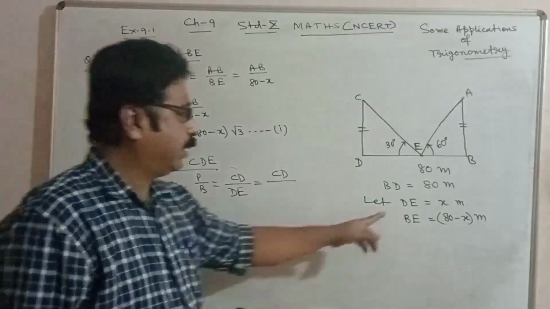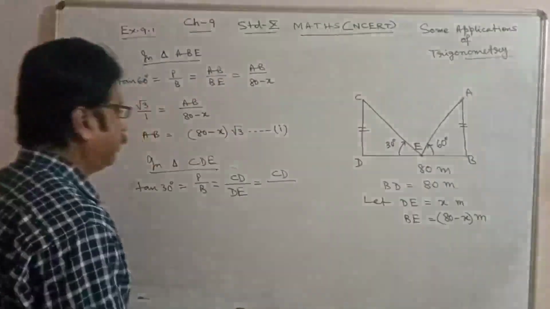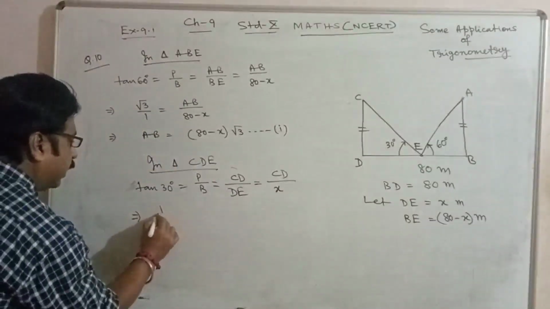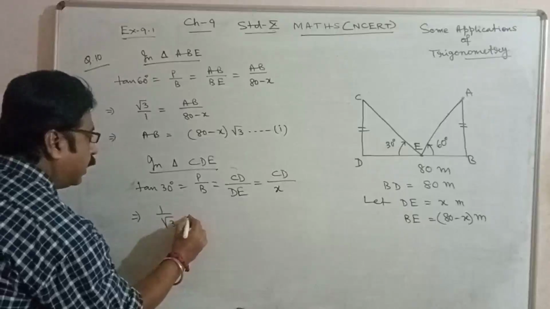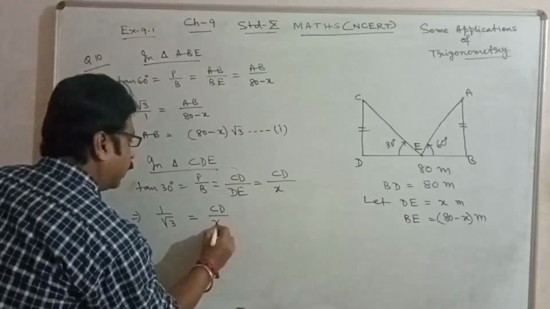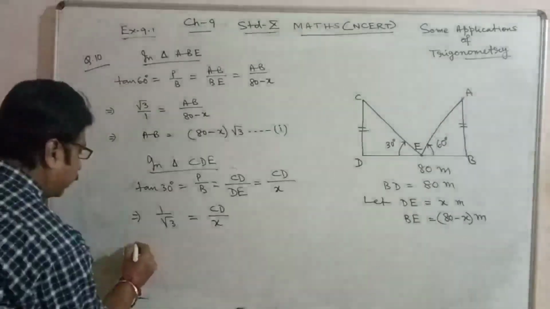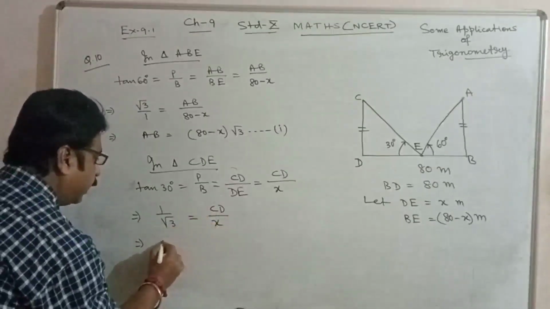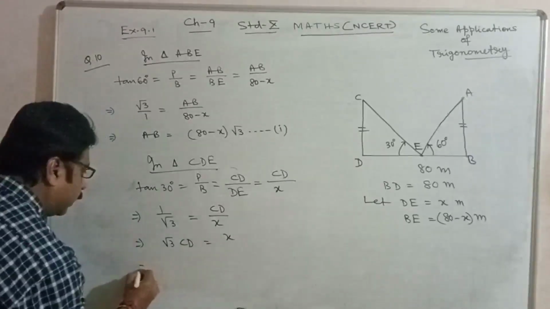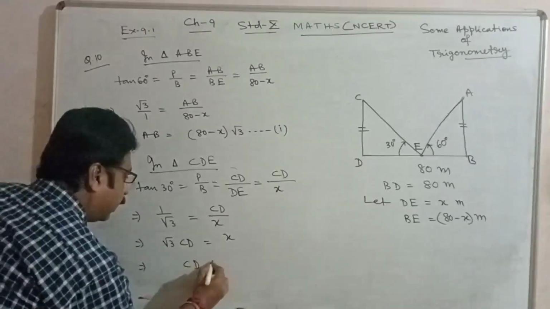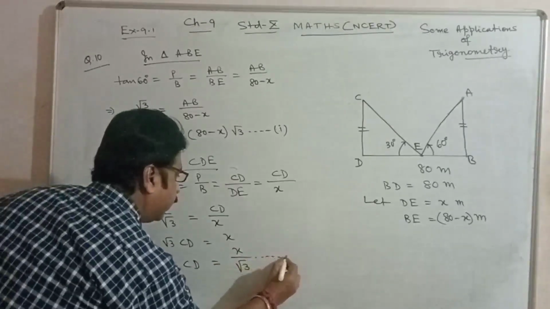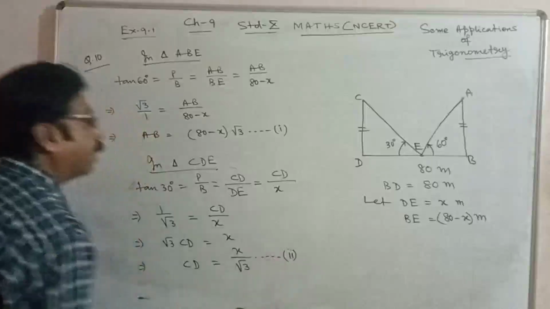In place of DE, we can write x. It is 1 upon root 3 equals to CD upon x. That means root 3 into CD equals to x. CD equals to x upon root 3. Suppose this is equation 2.